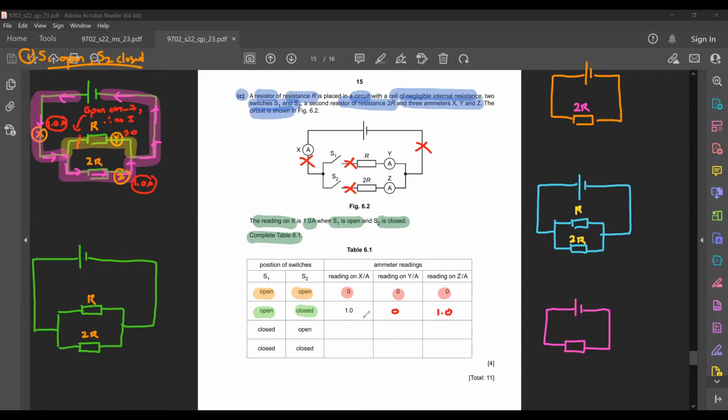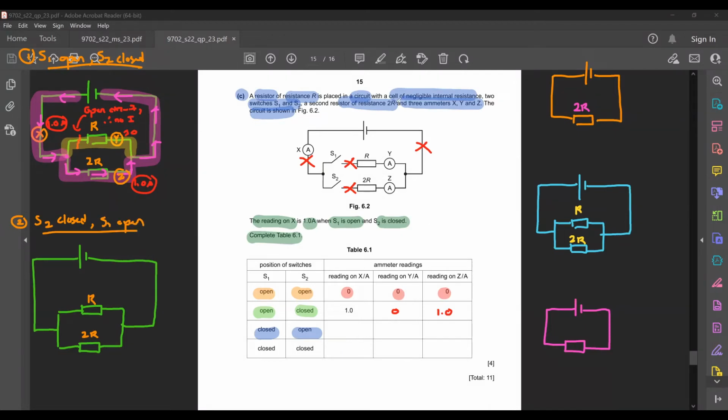Now, for the third row, where we're talking about S1 being closed but S2 being open, let's consider another different situation where S2 is closed. Let me just rewrite this. S2 is closed, but S1 is open.